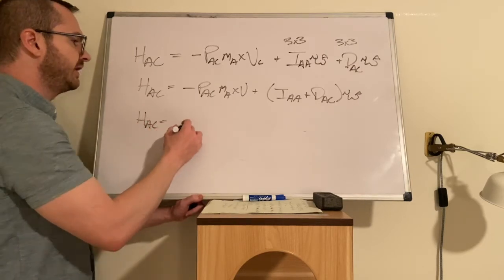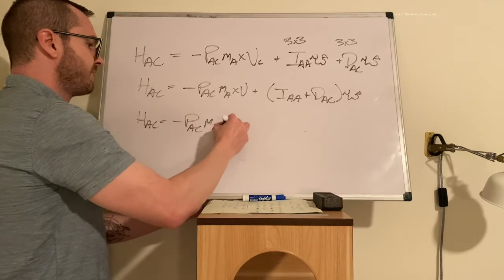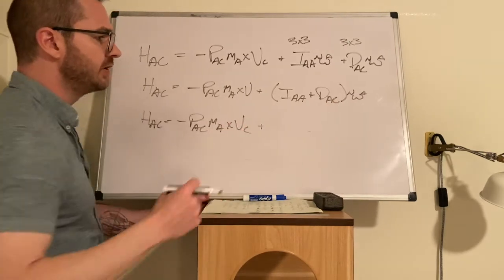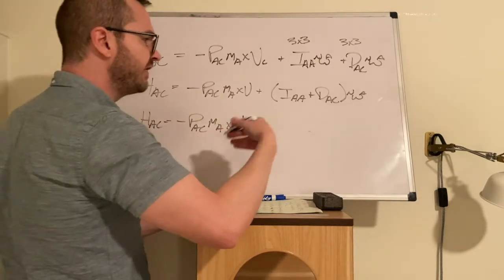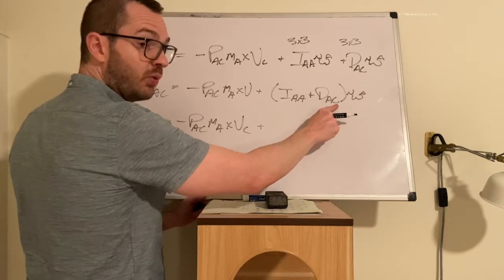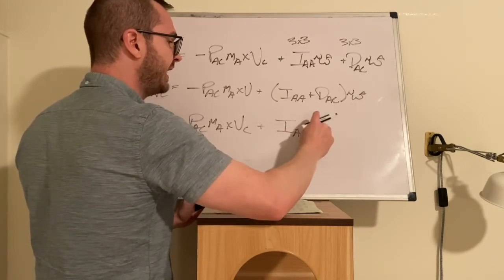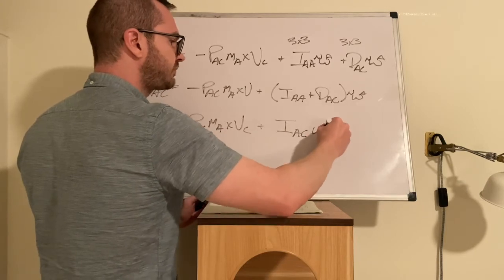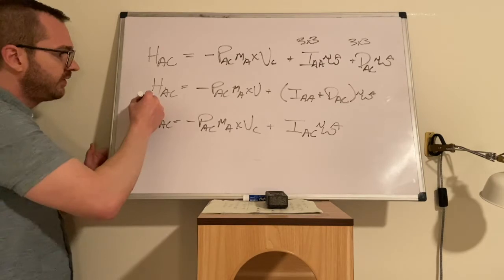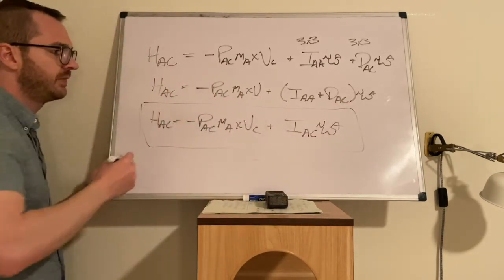So HAC equals, bring this down, and what we're going to call this now is a new inertia matrix. This is the effective inertia of body A taken about point C. So we can call this IAC, omega NA. This is the final form of our equation.